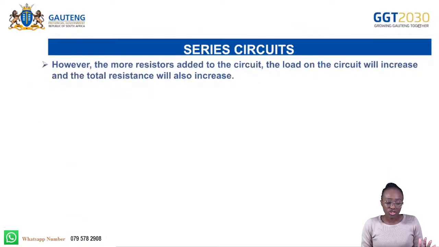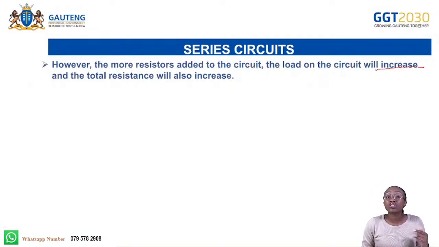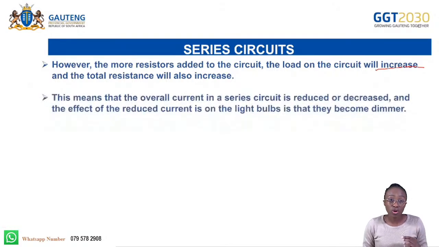If things change in such a way that more resistors are added into the circuit, there's going to be an extra load. So the load on the circuit is going to increase, because the total resistance would have increased as we added more resistors. The resistors we're adding in this particular case are light bulbs.